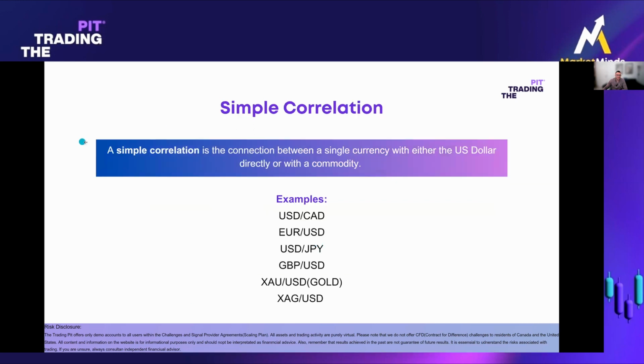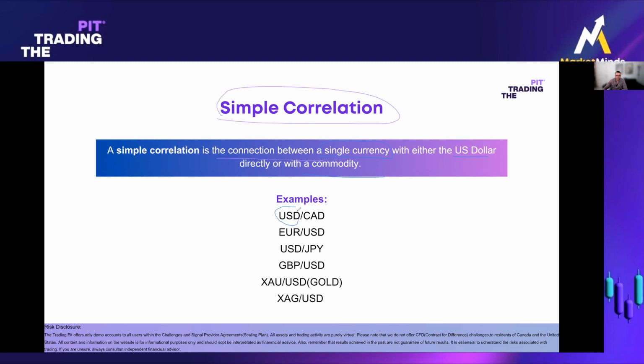So let's see an example here. A simple correlation is the connection between a single currency with either the US dollar or the commodity. And here are a few examples.